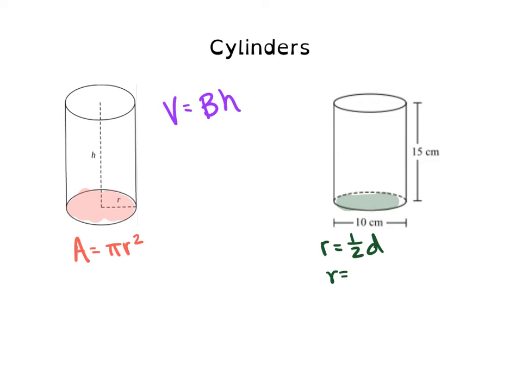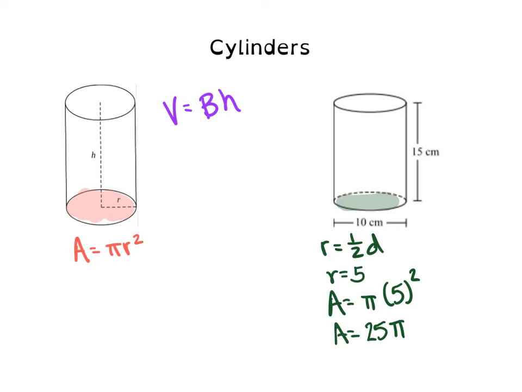So the radius here is just 5. And then from there, we can find the area that's equal to pi times 5 squared. Now we're going to leave that in terms of pi, and 5 squared is 25, so that's 25 pi.